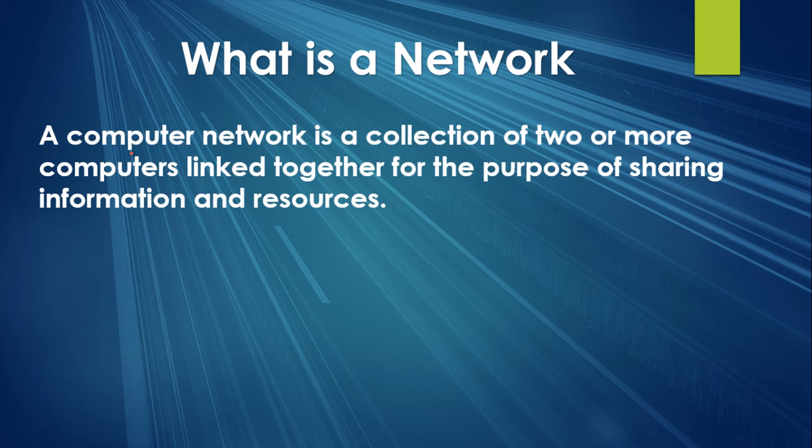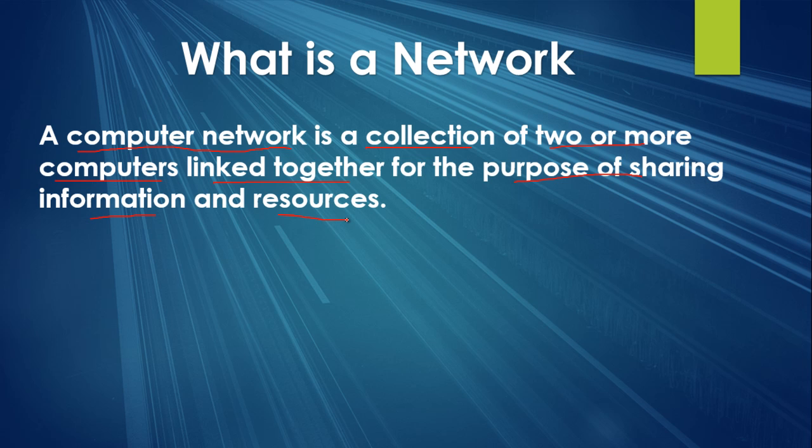So the first question is, what is basically a network? A computer network is a collection of two or more computers. When there are two or more computers, only then does the computer network concept come in. A computer network is a collection of two or more computers linked together for the purpose of sharing information and resources.